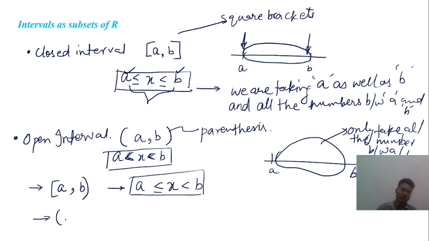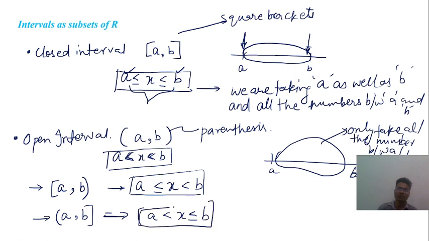Another type is you put parenthesis on the A side and a square bracket on the B side. What it means is you will not take A this time and you will take B as your answer. So these are the four types.